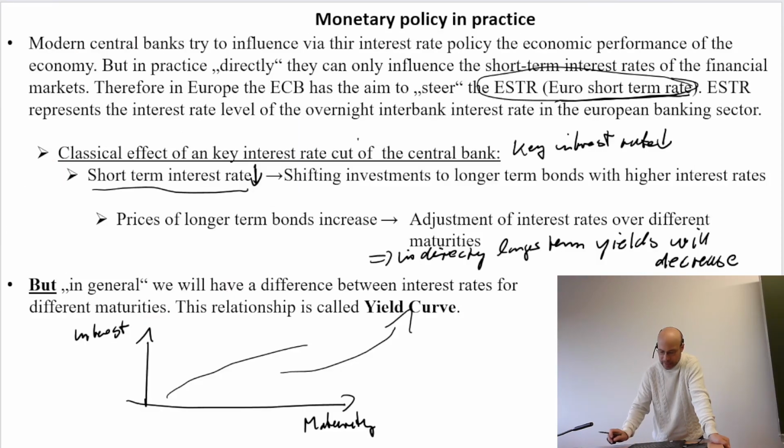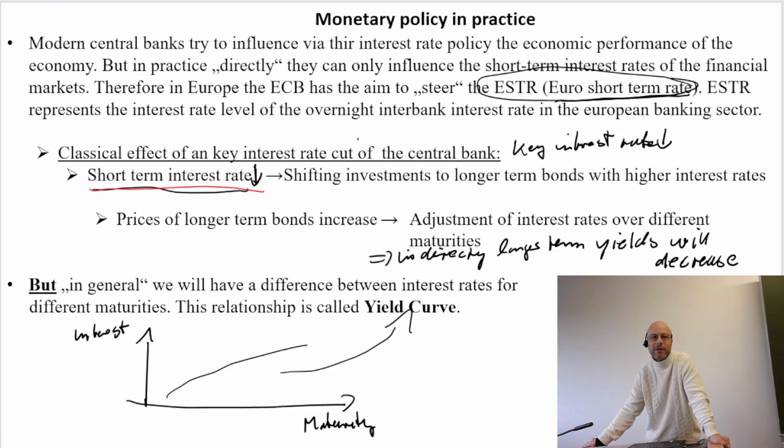And then we can ask, how does this short term interest rate feed into the system? And this is again, of course, just thinking in alternatives. If, for example, short term interest rates go down via a cut in the key interest rate, then short-term bonds will be less attractive than longer-term bonds.